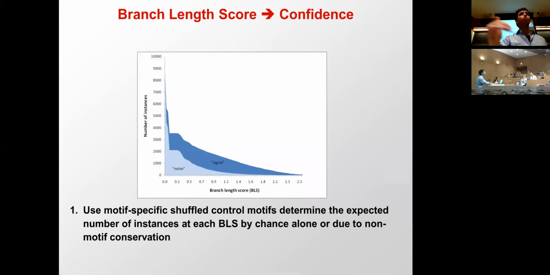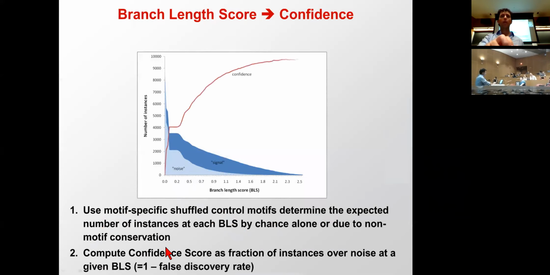But I need to compare this with expectation. And what I can do is use motif-specific shuffled control motifs to determine the expected number of instances at every branch length score by chance alone, or due to non-motif conservation. And then I'm going to compute the confidence score as the ratio of the two.